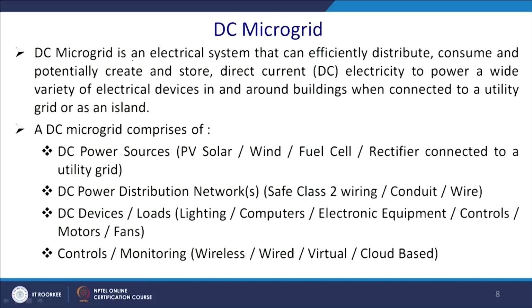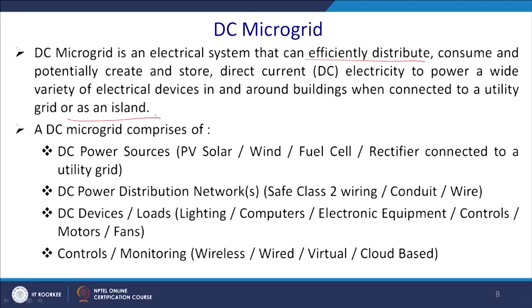The microgrid is an electrical system that can efficiently distribute, consume and potentially create and store direct current electricity to power a wide variety of electrical devices in and around a building, when connected to a utility grid or as an island.